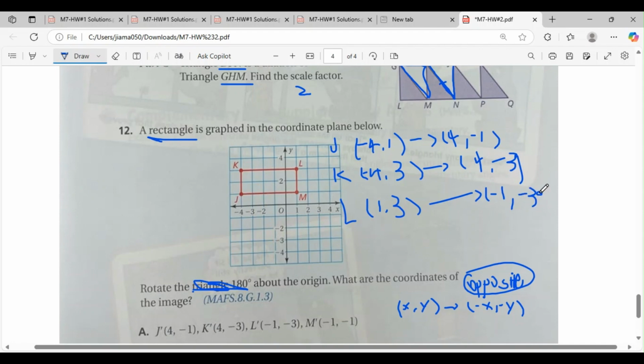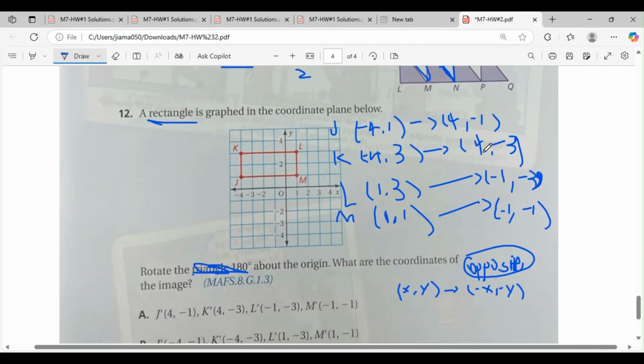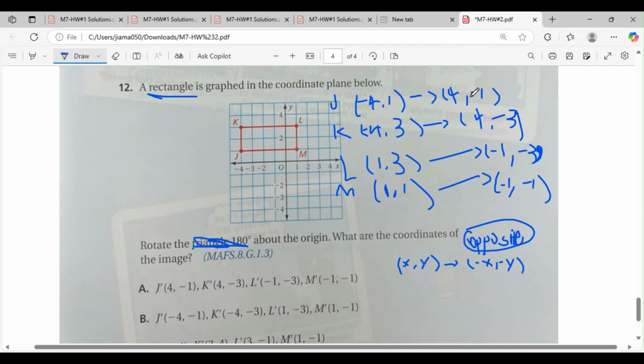Let's see the last point. M. M is 1 and 1 and becomes negative 1 and negative 1. Okay, so let's check it to the options.